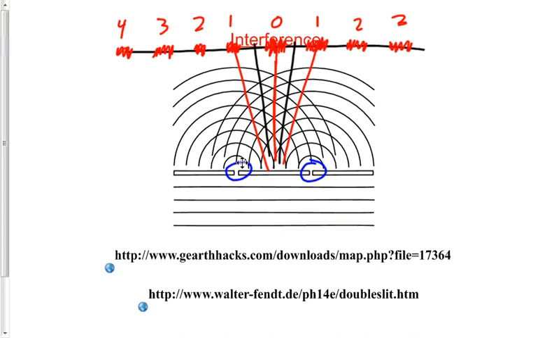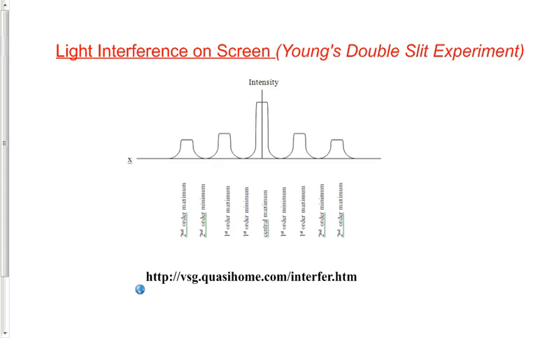In between, this would be our first order minimum, our second order minimum, our third order minimum. First order min, second order min, third order min, fourth order min, and so on. Or you could say first order dark spot, or first order node, or something like that. All right? Now, let's draw this out again here.